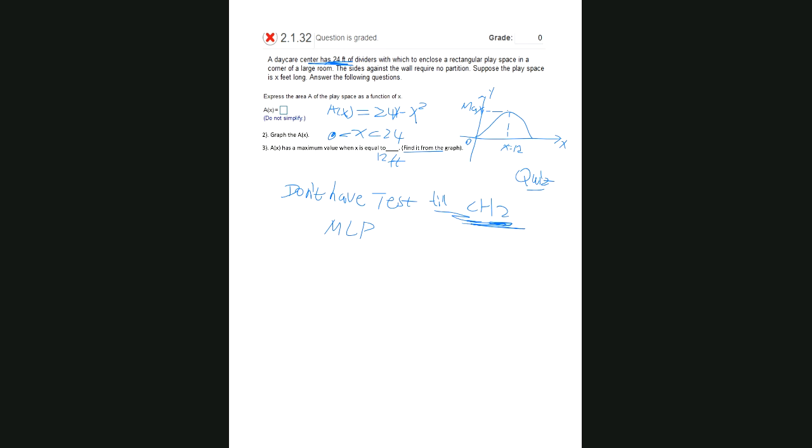You can see it said do not simplify. Whatever format they want, we can look at the format later on. I think the format should be this one, or you can just try this one: negative x squared plus 24x. This is in descending order. Try this one to see what happens.